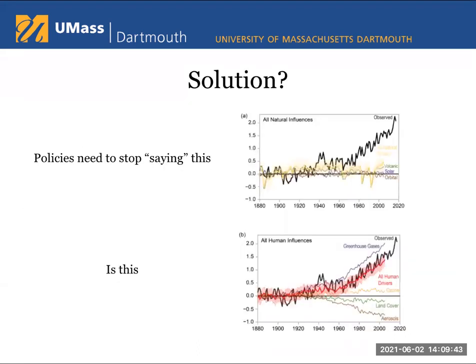So as a solution, the simple way of saying it is, at least in the United States, but I'm sure in other countries as well, the policies that we have are effectively saying that it's natural, that the types of things we're seeing, climate change and sea level rise, are outside of human influence and not directly related to human activities. That's effectively what our policies are saying. And of course, what they have to say is no, the human influences are really the direct drivers of these things.